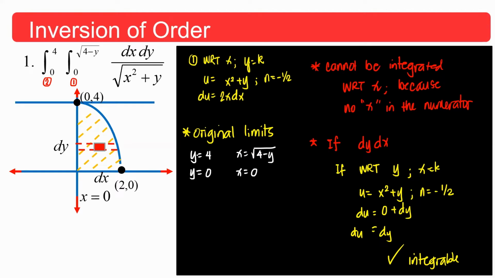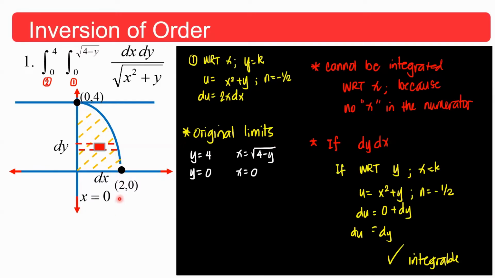What happens is here, we try plotting it from x equals 0, which is this portion. x equals 0 is this. And then x is the square root of 4 minus y is the parabola. Actually, half of the parabola facing downwards.